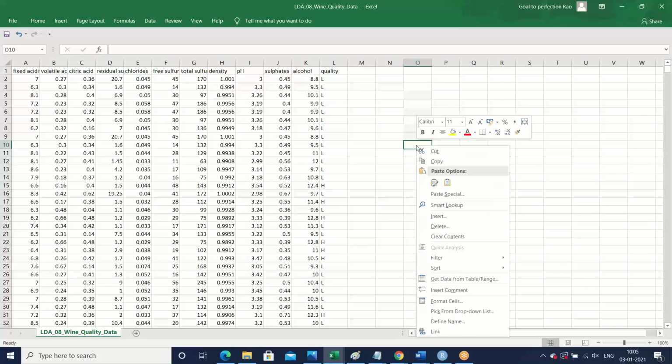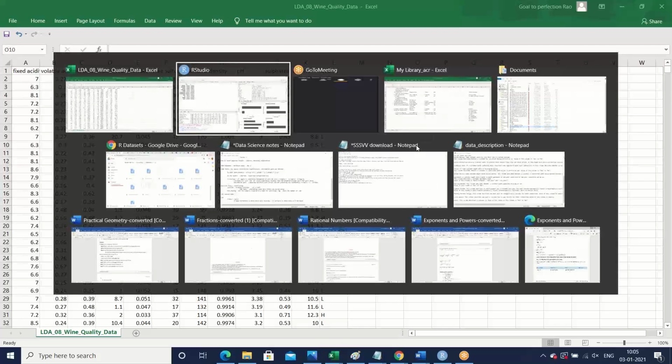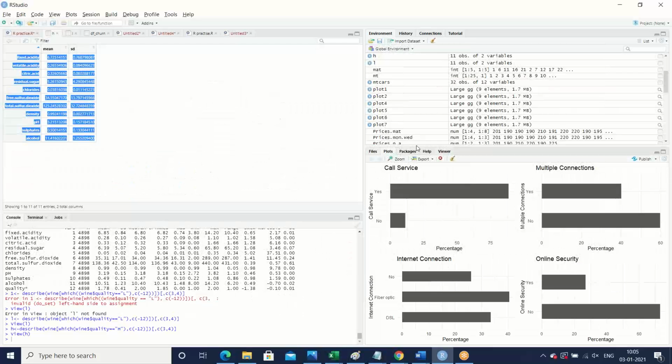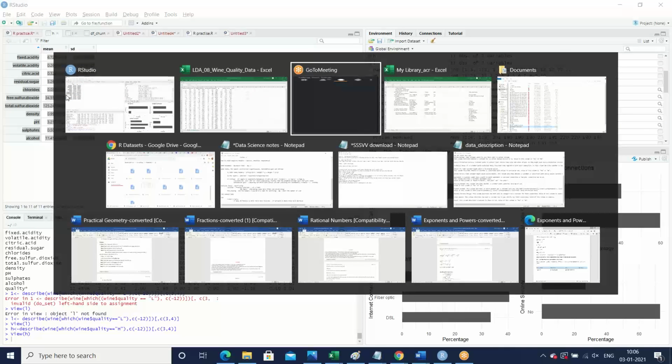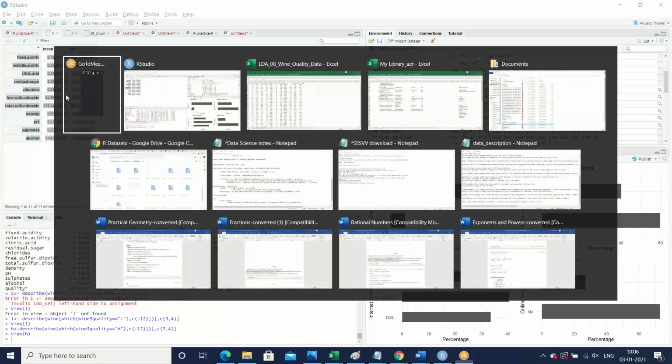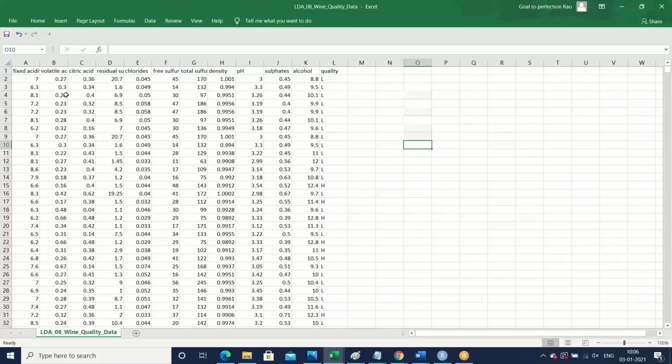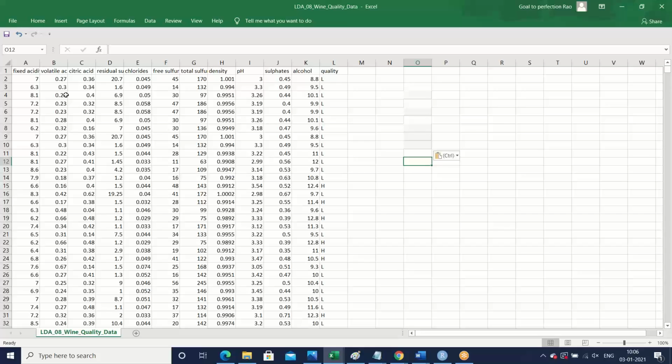Oh, just go back to that table, go back to the R. Now press Control C over here. You are just copying that one single cell. Press Control C. It's still not coming.